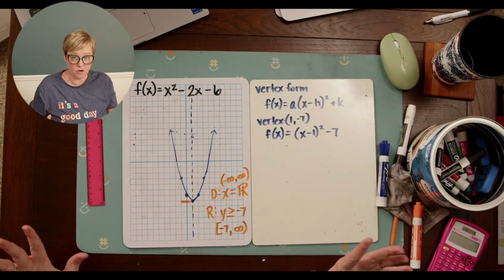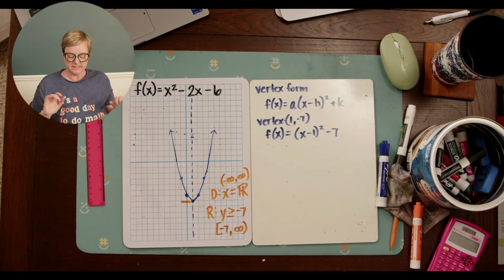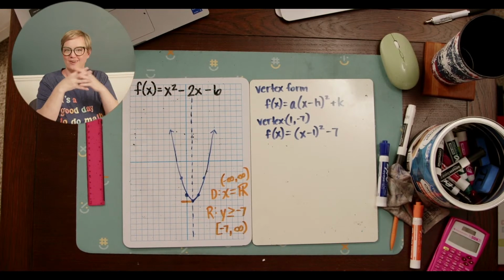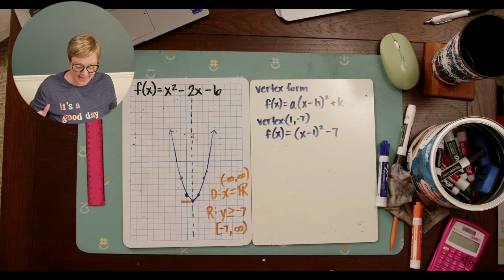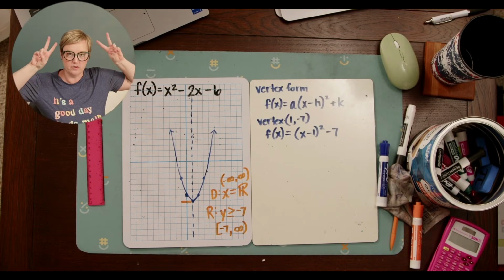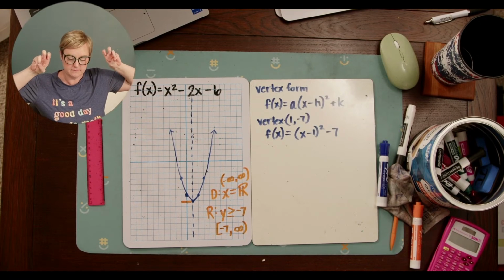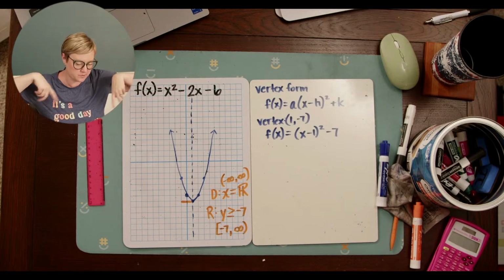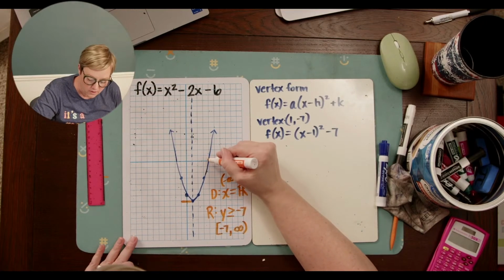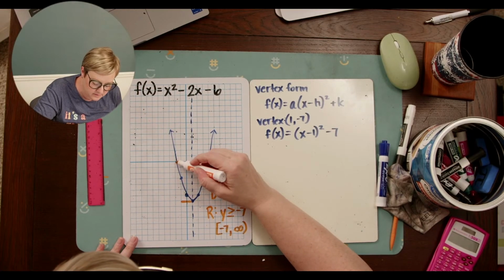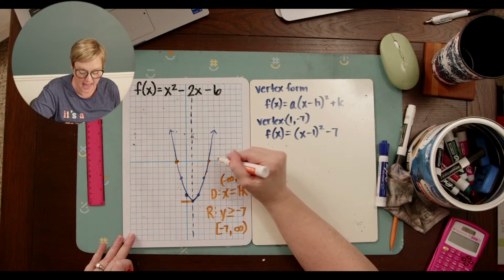So solving quadratics. It's all coming together, guys. So when you are asked to solve a quadratic, what you're really looking for is the spots where it crosses the x-axis.